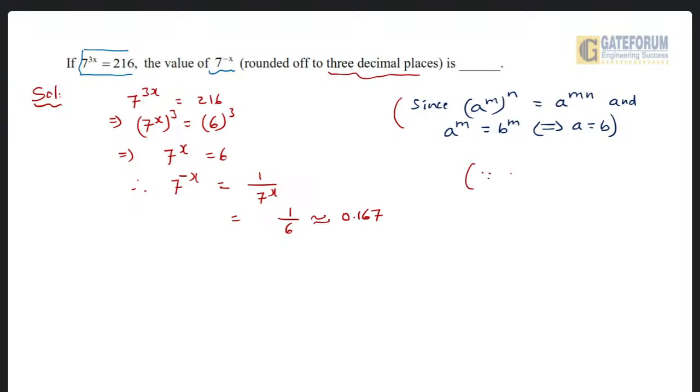Since a power minus m is equal to 1 upon a power m, just from basics, from our childhood classes, 7th 6th class formulas only. So the answer is 0.167. This is end of the question.